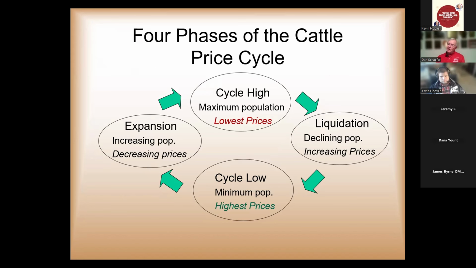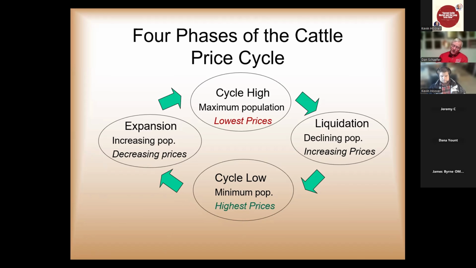At a cycle high in inventory, there of course is a maximum population of cattle, and in this case, I'm referring to beef and dairy cattle, which is the way our total cattle number is determined in the US. At maximum population size, we have lowest cattle prices. This phase is followed by a liquidation phase where there's a decline in the population size, and associated with the decline in population are increasing prices.